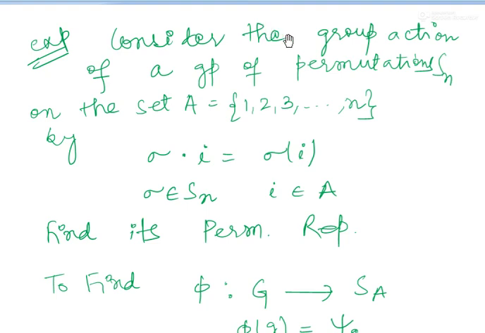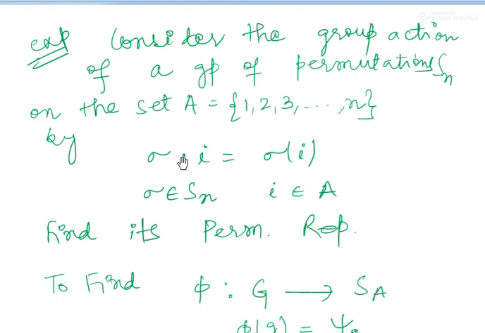That means we have been given G as the group of permutations Sn, and the set on which it will act is taken to be the set {1, 2, 3, ..., n}. And the group action is like this: sigma dot i is equal to sigma of i.